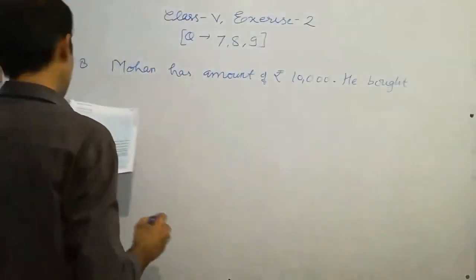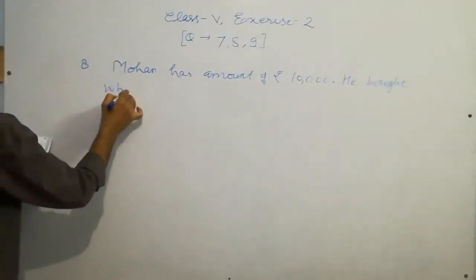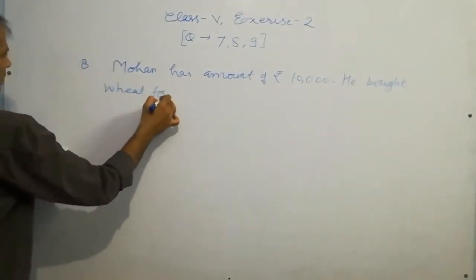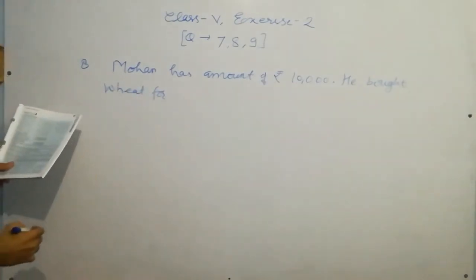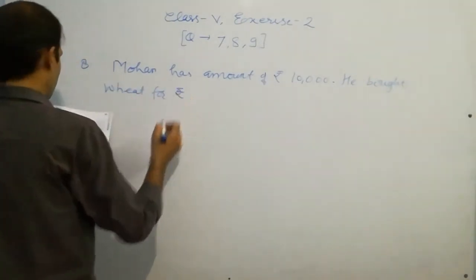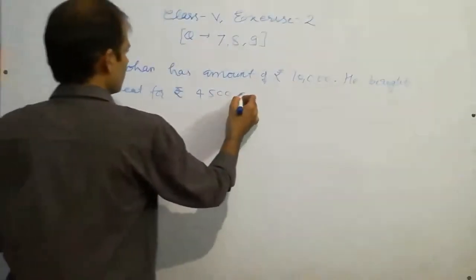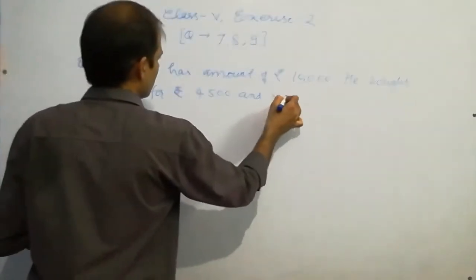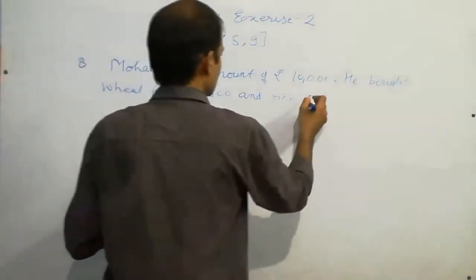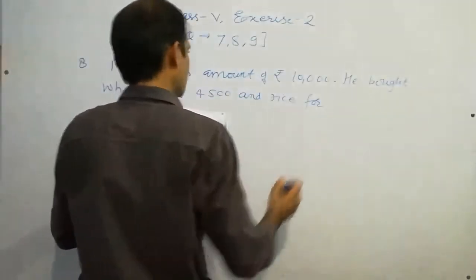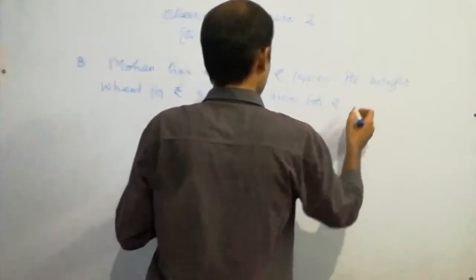He bought wheat for rupees 4500 and rice for rupees 1600.